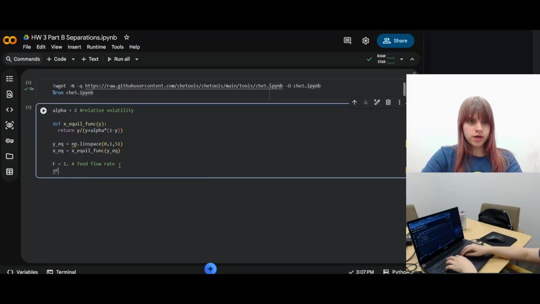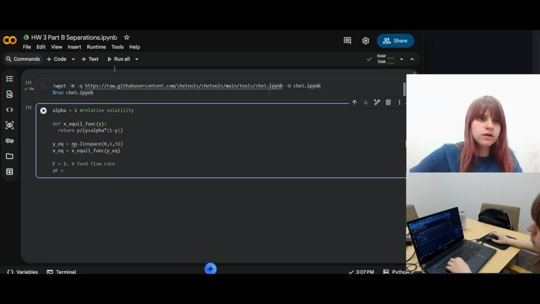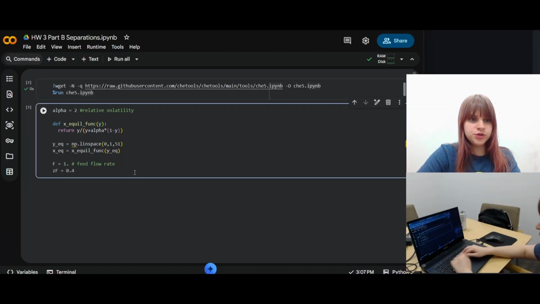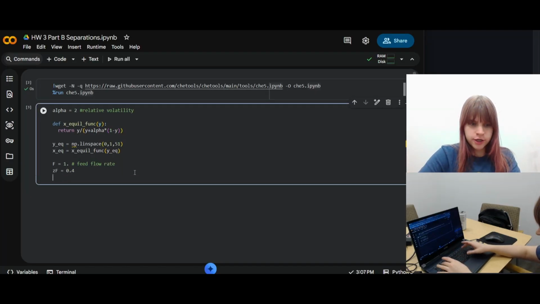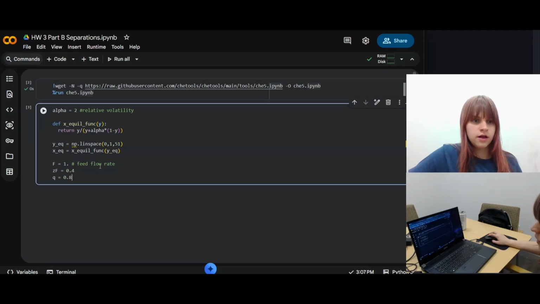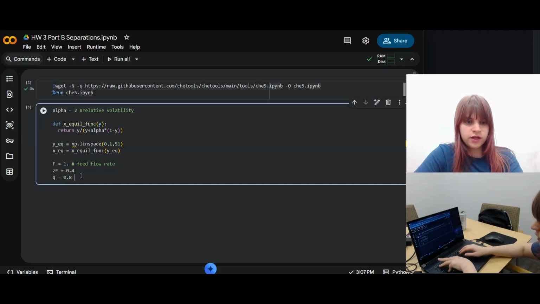And so this is our mole fraction in the feed of the more volatile component. That wasn't specified, so I'm going to do 0.4 just for now, and set a Q. That also wasn't stated. I'll do 0.8. This is the fraction of the feed that is a liquid.